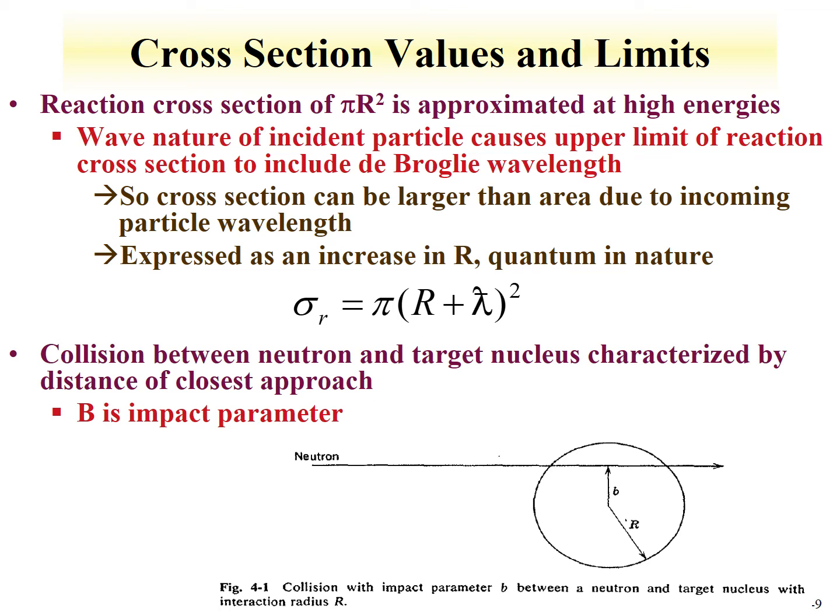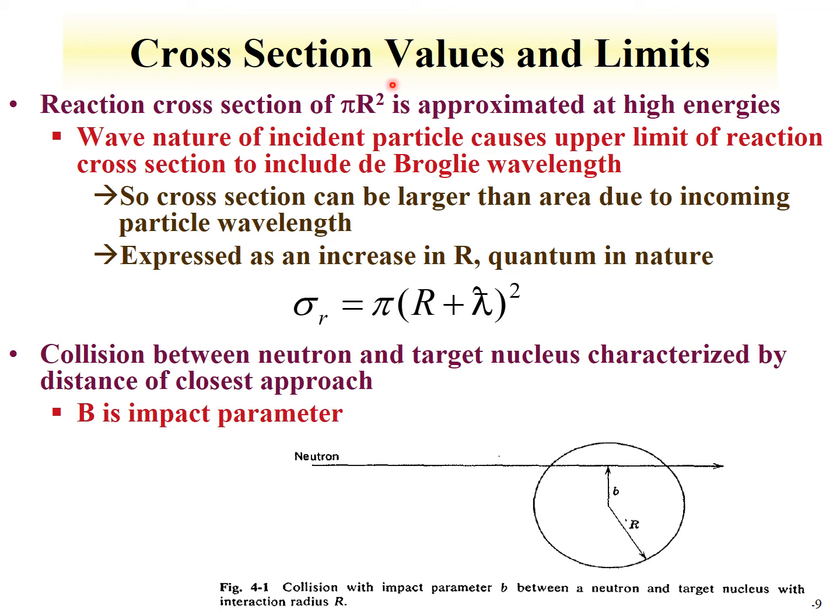The values for cross-sections as we look in the chart of the nuclides can be well under a barn to many thousands of times a barn. So that really raises the question, how can these values be so large, particularly if we discuss a reaction in terms of a particle impinging upon something the size of the nucleus?